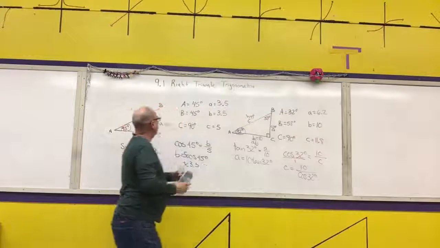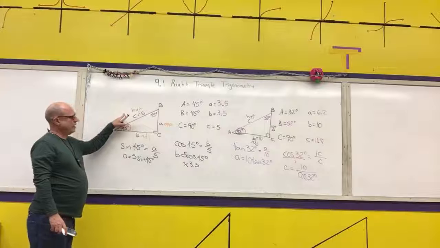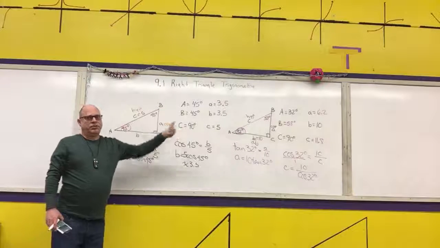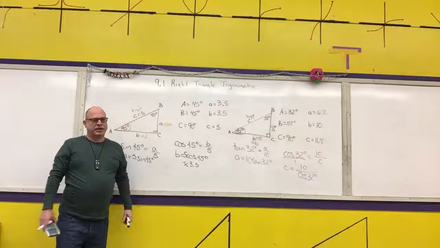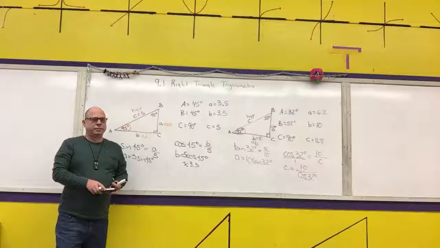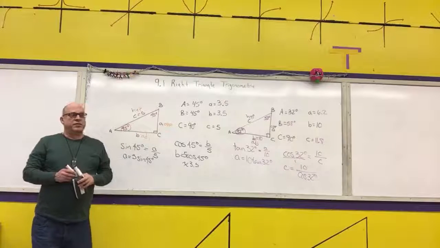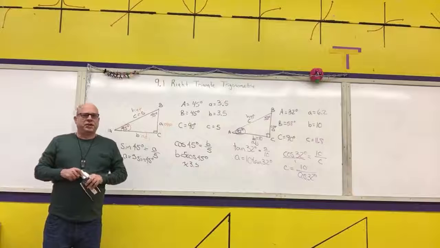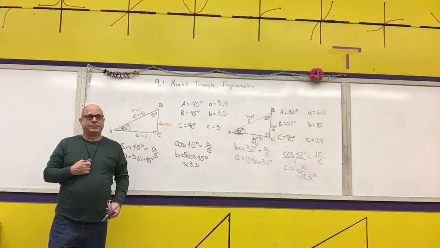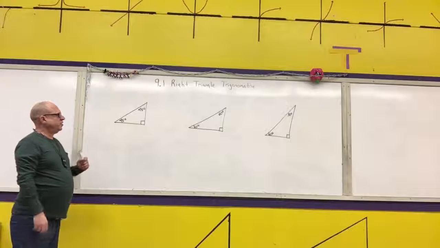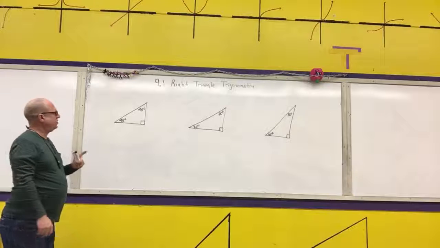So if you're given one acute angle and one side, this is how you come up with the remaining angles and remaining sides for a triangle. Next, we're going to come up with some special right triangles that you should memorize the side lengths of. There are two special right triangles that you should have memorized from geometry class.